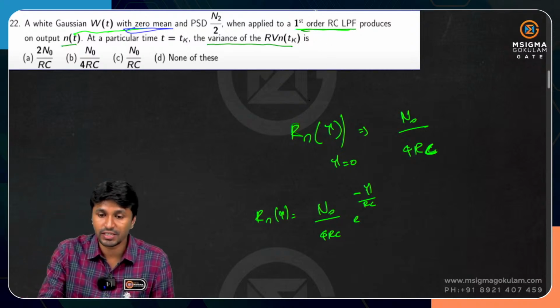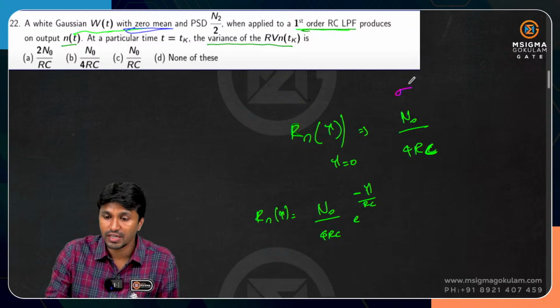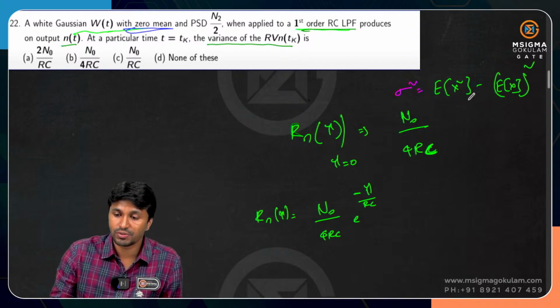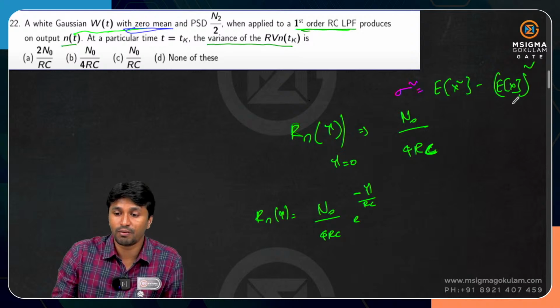Variance is simply expectation of x square minus expectation of x whole square. Since the mean of the input is 0, the mean of the output noise will also be 0.